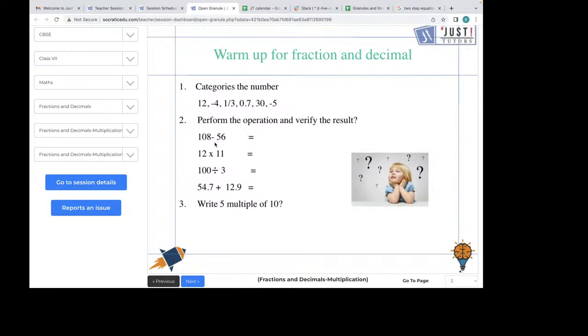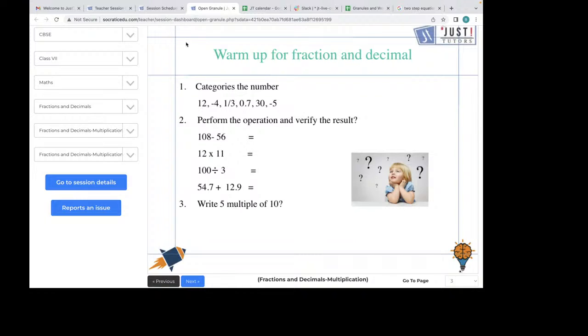So 108 minus 56 would be 52. Yes, that will be 52. Now you all can do all these questions by yourself because these are simple division, multiplication, addition, and subtraction. Now the third one is write 5 multiples of 10.